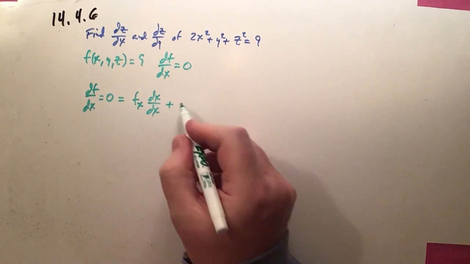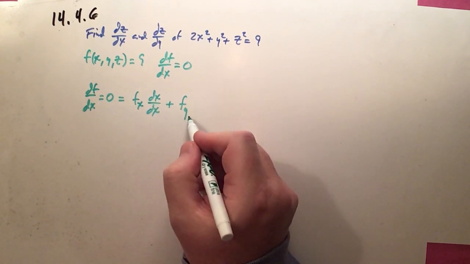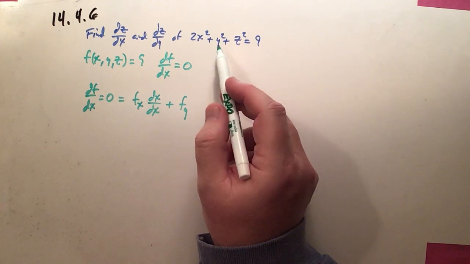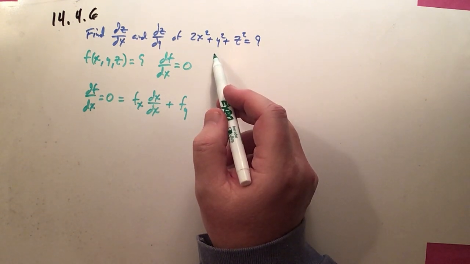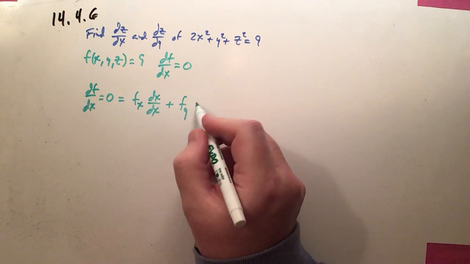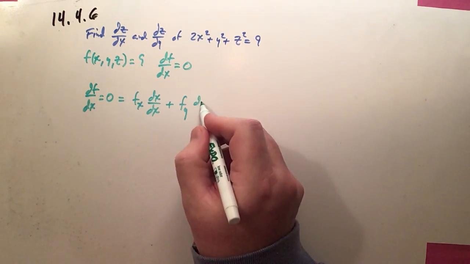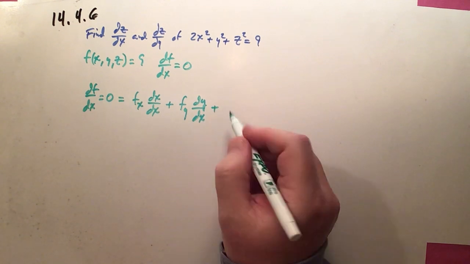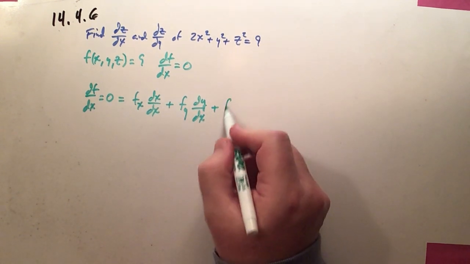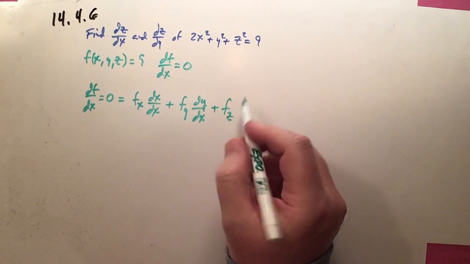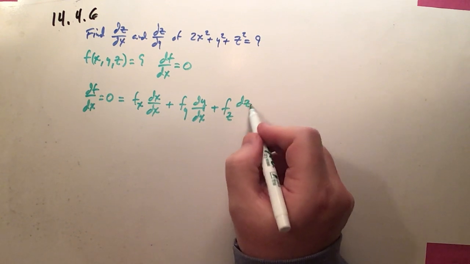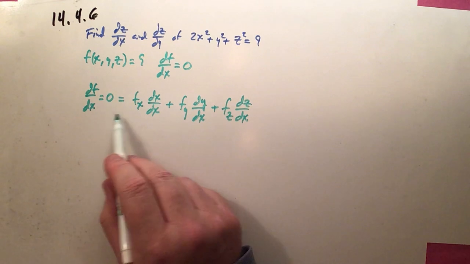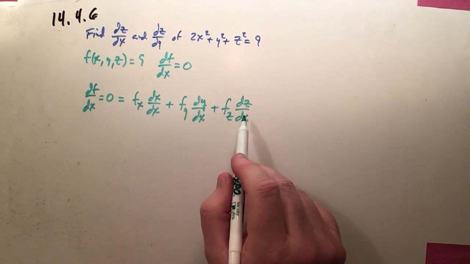Then we'll add to it the same thing: the partial with respect to y and then dy/dx. So it's partial of y with respect to x. And finally, the last term is partial with respect to z times dz/dx. And so there we go. That's what I'm modeling right there.